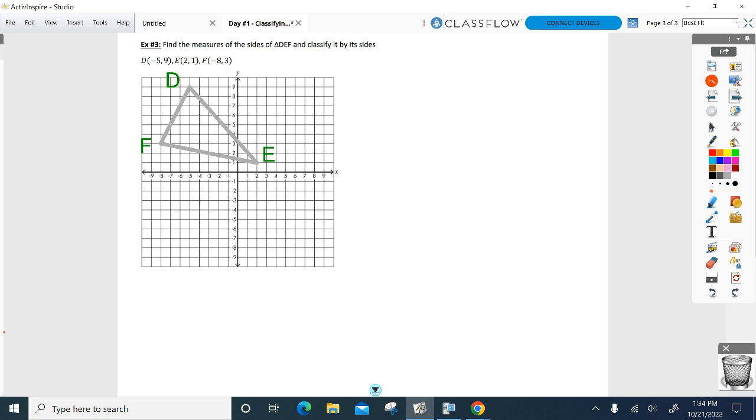Label your vertices too. Label them D, E, F. Get in that habit. Label your vertices so you know which one is which. Make it into a triangle too. Little things, little things. Make sure D, E, and F are on there.